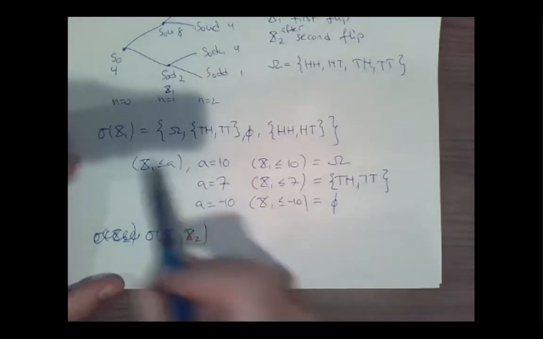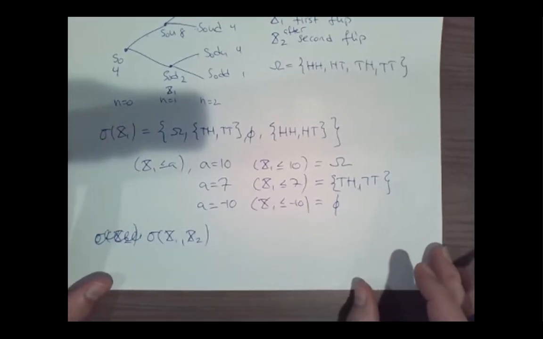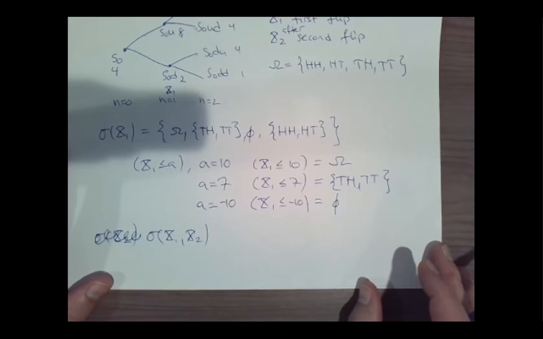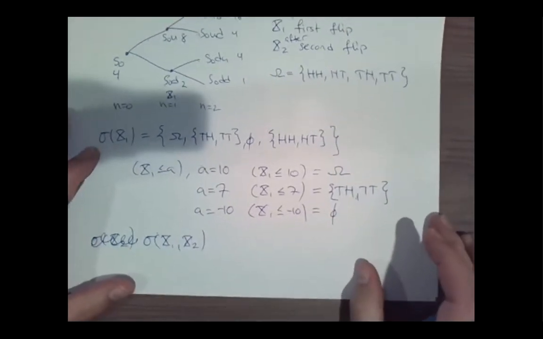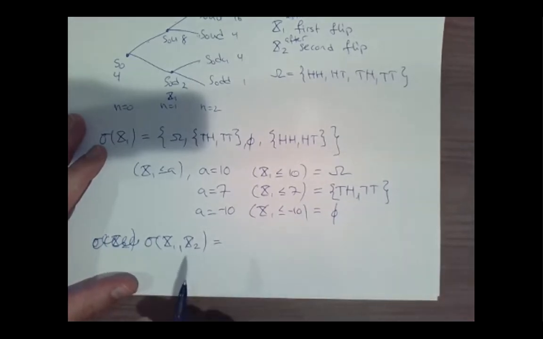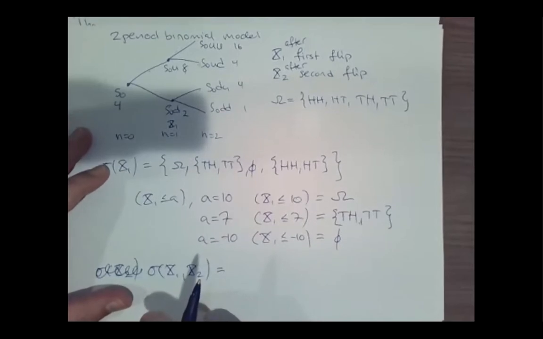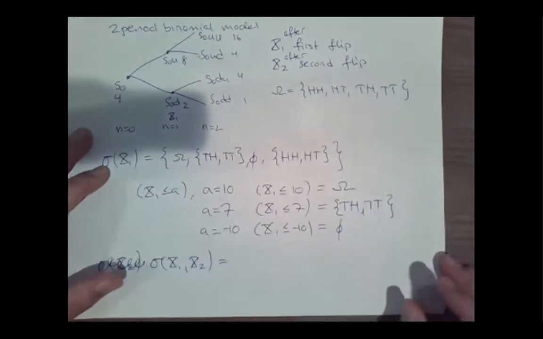So I need to make x1 measurable, and I need to make x2 measurable. Any guesses on what we're going to get out of this? So now we pretend we know. So we need to go through this exercise one more time.